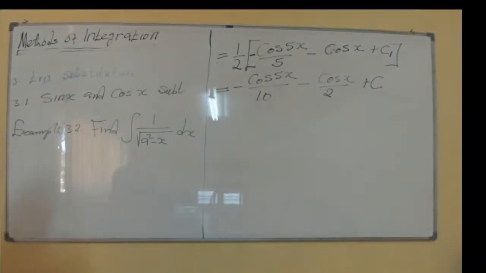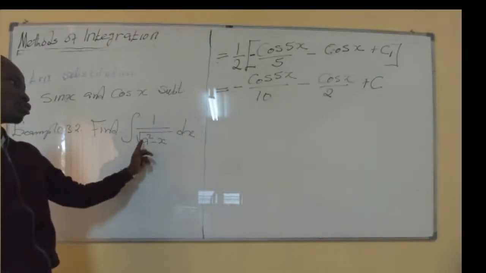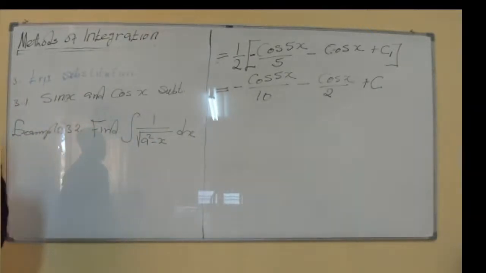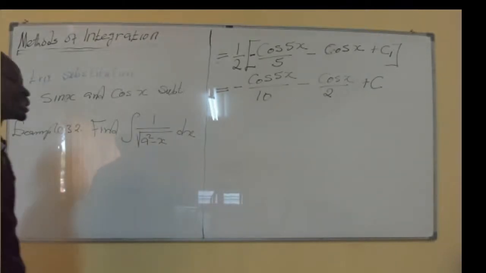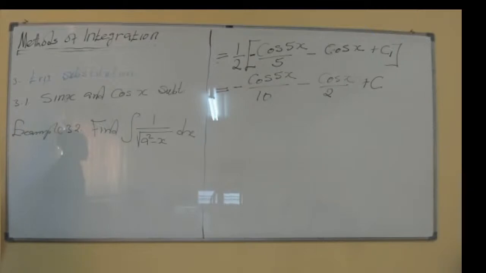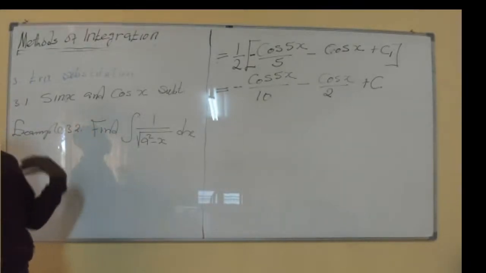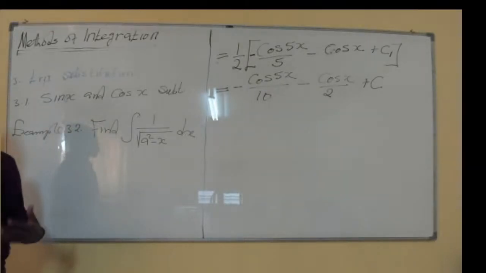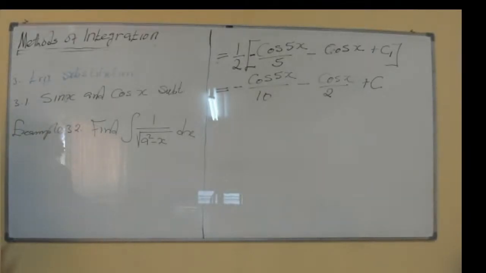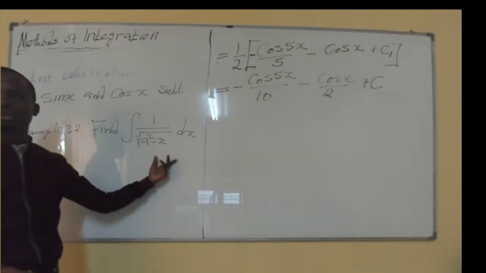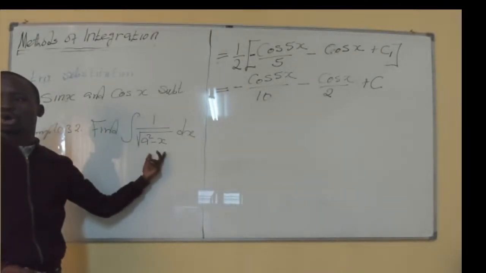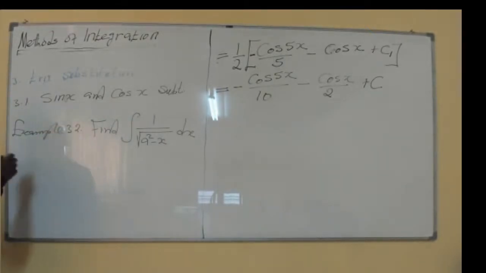If you look at this function, the type of function that was differentiated to get 1 over square root of a squared minus x is either the inverse of the cosine function or the inverse of the sine function. For now, this is the only idea that we have. Still, we are going to employ the method of substitution either way here. So to do this, let's look at the solution.